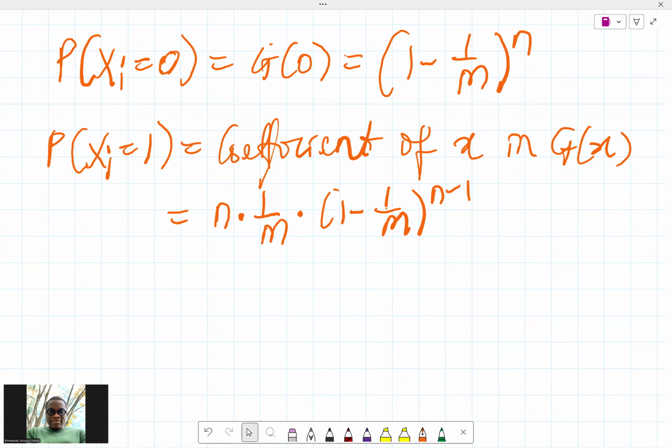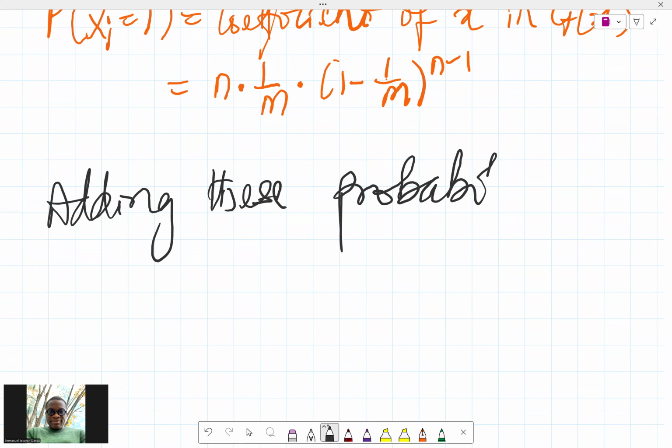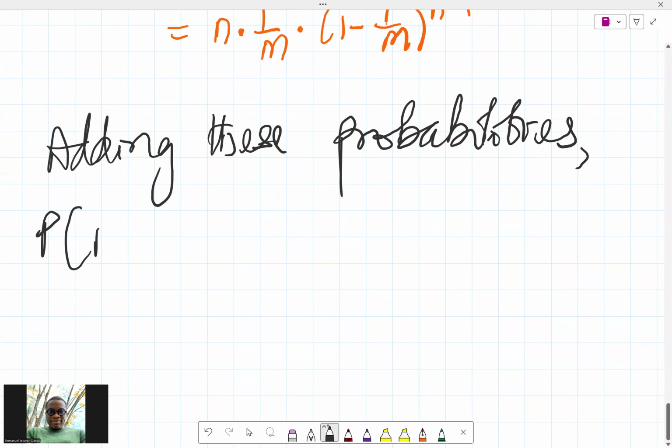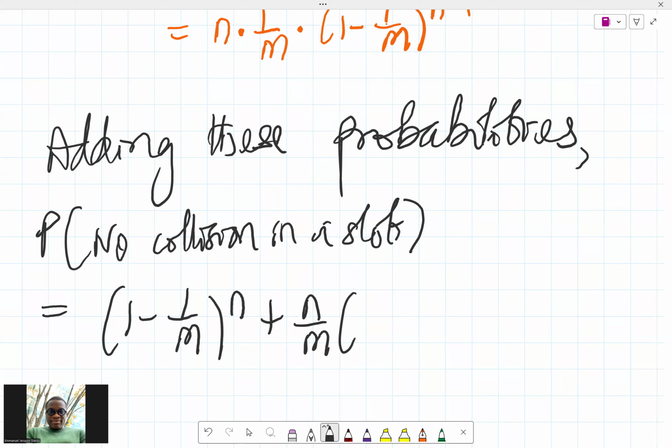So having settled that, if we add these probabilities, we see that the probability of no collision in a slot would be equal to (1 minus 1 over m) raised to the power n plus simply n over m times (1 minus 1 over m) raised to the power n minus 1.